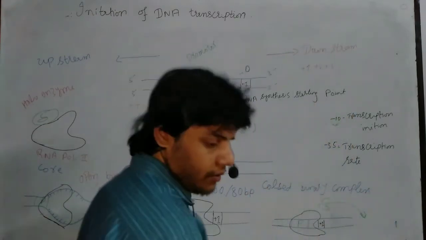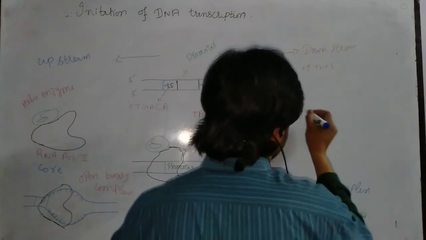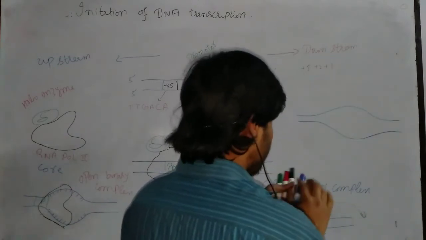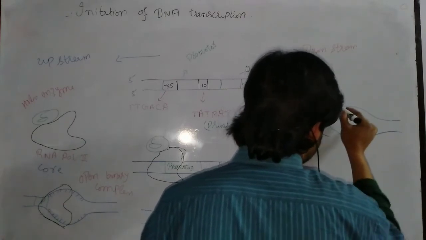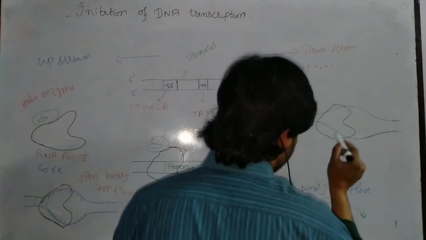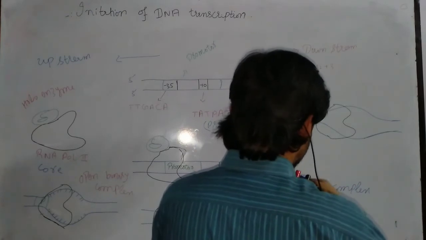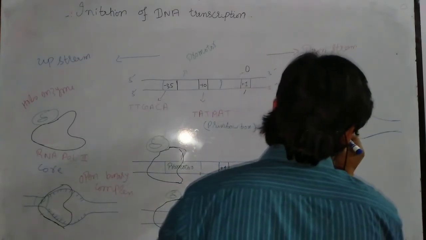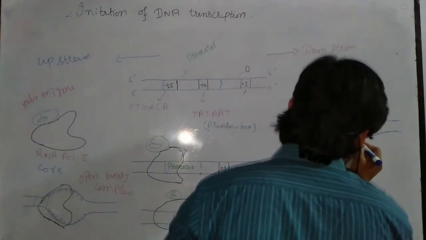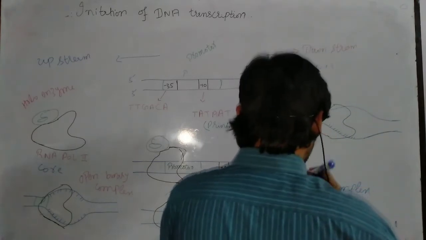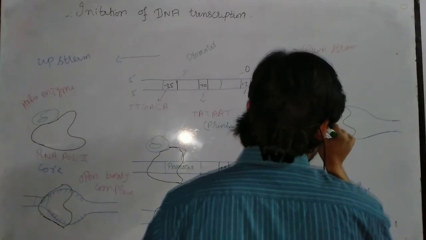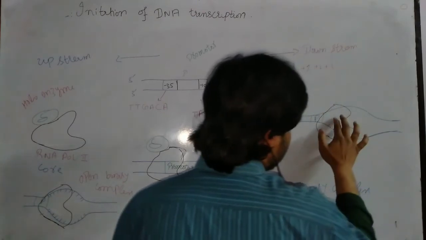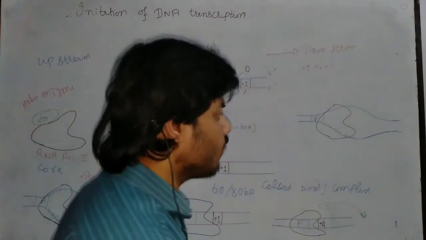So let me draw here. Let's suppose again this is the DNA strand. So this is the RNA polymerase 2. And these are the DNA sequences, as you can see. So this is the promoter region, and that one area is the +1 position.